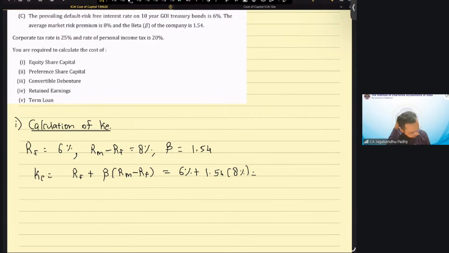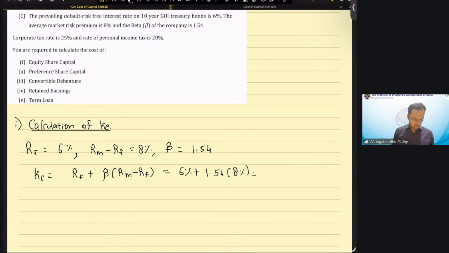What is RM minus RF? So 8 into 1.54 plus 6.